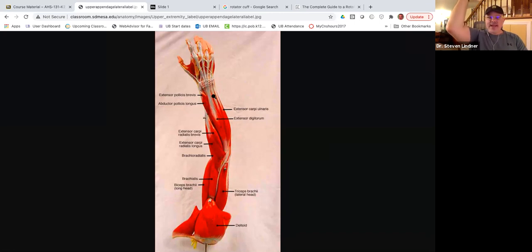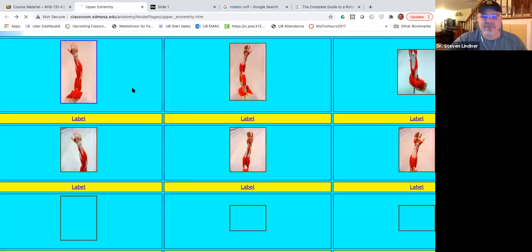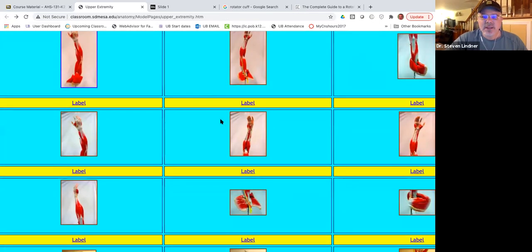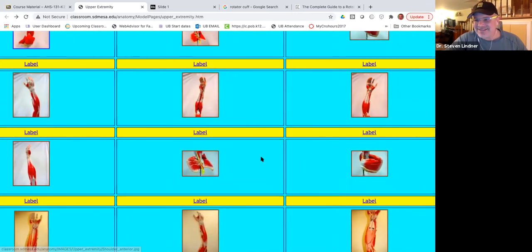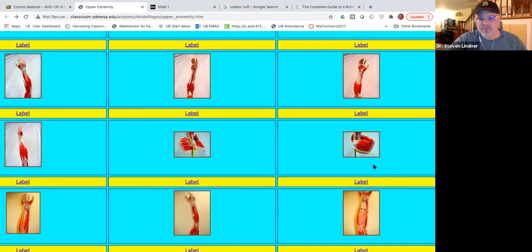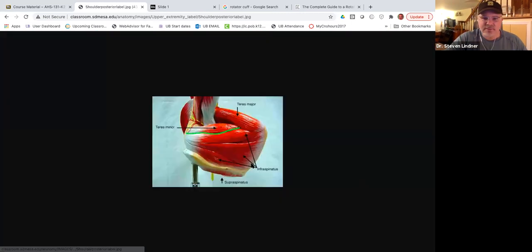It's upside down. We're accustomed to reviewing it with the arm hanging down. So the orientation of this may throw you off a little bit at first because we're looking at the arm upward in this position rather than hanging downward. So I want to point that out so that you're not confused.